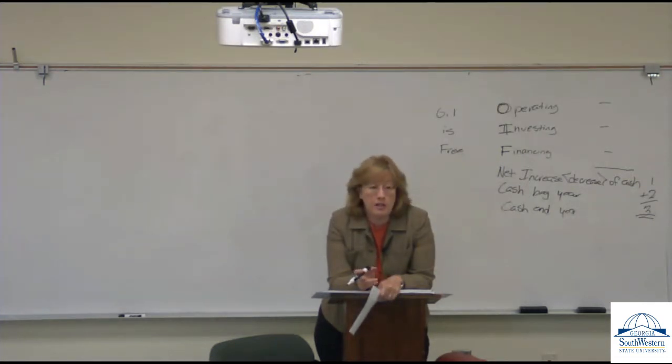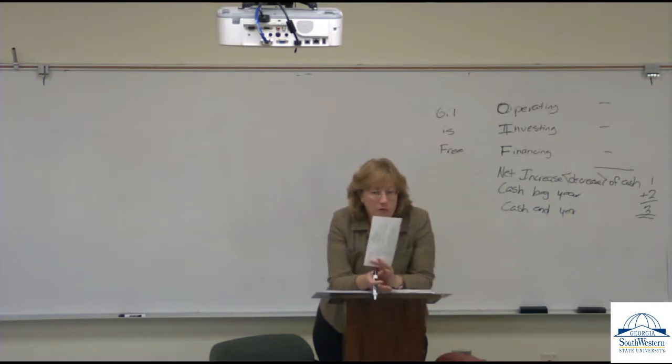So the way that we do it on the statement of cash flows is we put net income in this group, okay? So net income goes in this operating group, but as we talked about before, the income statement is on the accrual basis, so we have to transform net income into a cash basis net income. There are some things on the income statement that don't involve cash, and so there are adjustments that we have to make for those things.